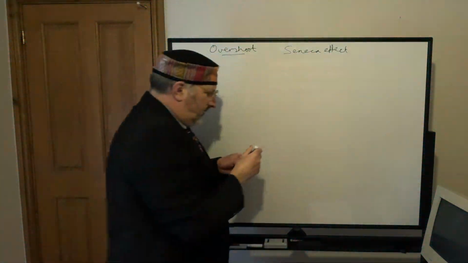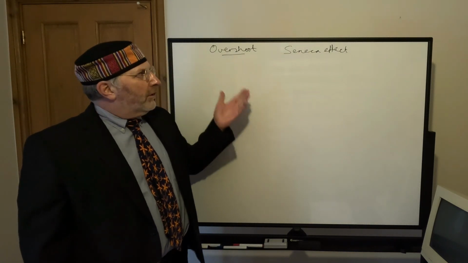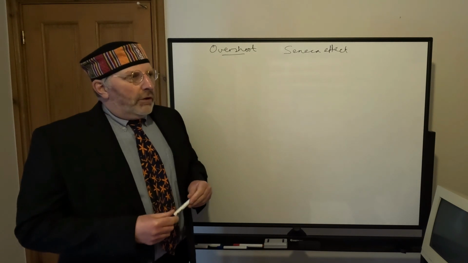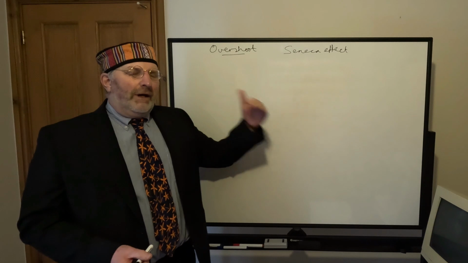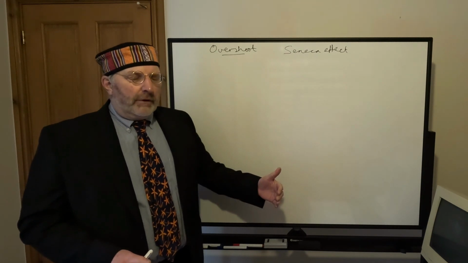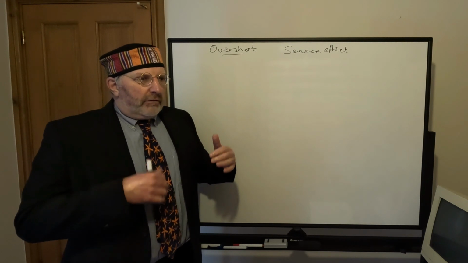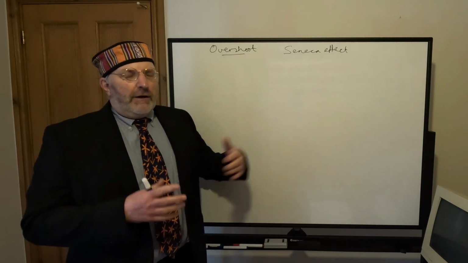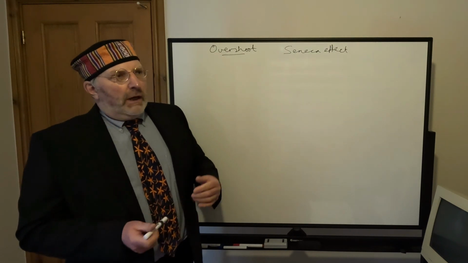which is named after the Roman writer and statesman Seneca the Younger, who said that growth is slow, collapse is sudden. And I think he was thinking about something he'd heard about a terrible fire that destroyed the city of Lyon in Roman Gaul.